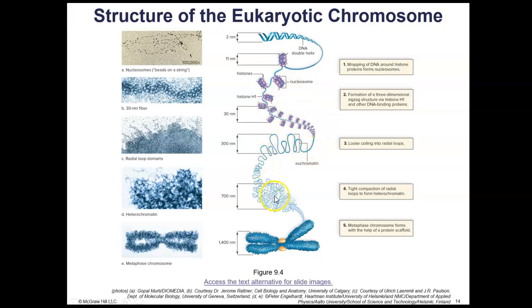But when it packs together tightly, we call it heterochromatin. Heterochromatin cannot be used to produce or synthesize a protein. It's inactive. And then heterochromatin packs even more tightly to coil and form into chromosomes, which is what we see during the M stage, during mitosis.